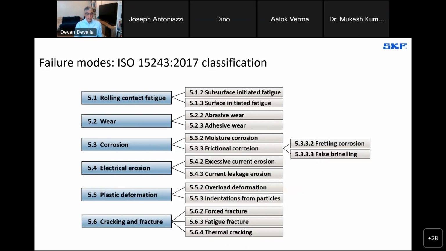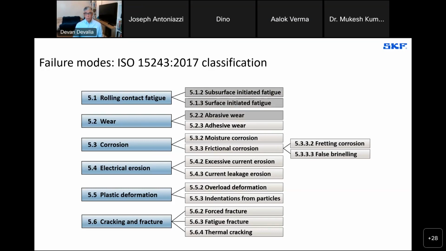So any damage incurred thereafter would be able to be categorized or classified under one of these failure modes. So we have subsurface initiated fatigue and surface initiated fatigue under the fatigue mode or class.